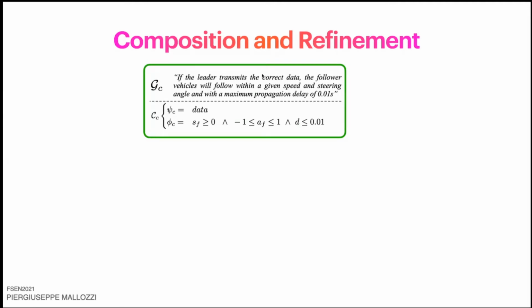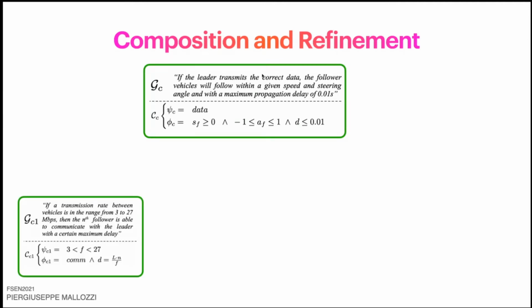So we can have a goal that, assuming a certain transmission range, and that we are able to communicate with the leader, we are able to compute exactly what the propagation delay is according to the formula, where we take into consideration some size of the messages that we want to communicate, and the size of the platoon, n.